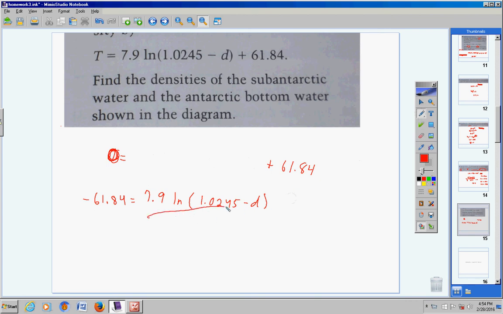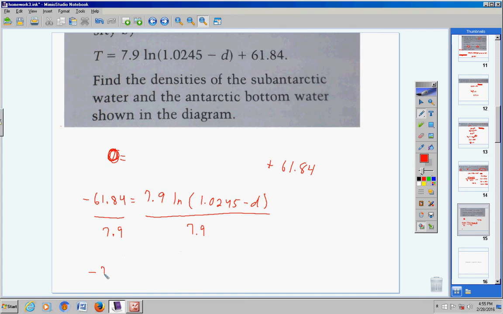Divide by 7.9. Let me grab my calculator real quick. Negative 61.84 divided by 7.9 will give us a very long decimal, of course.